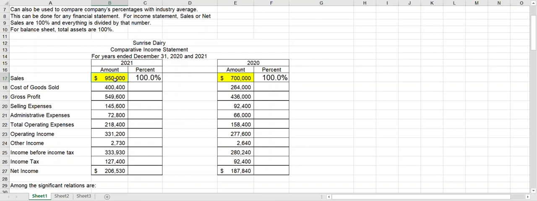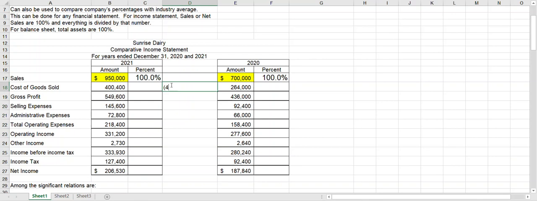Okay, so let's go ahead and do 2021 as an example. What that means is all the rest of these numbers here that I've highlighted will be divided by 950,000, because you are getting all of the rest of these numbers as a percentage of sales. So I'll write out to the side here.